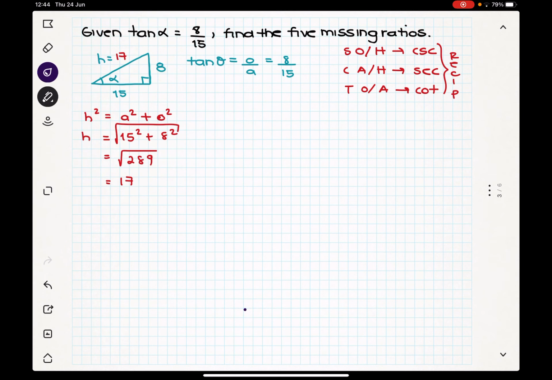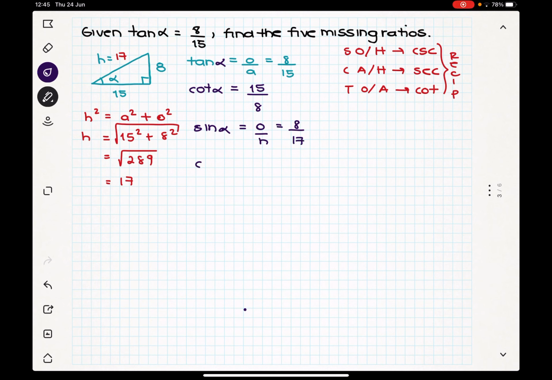Tangent, the reciprocal is cotangent. So I just switch the numbers around, 15 over 8. Then sine of alpha is opposite over hypotenuse, so I have 8 over 17.